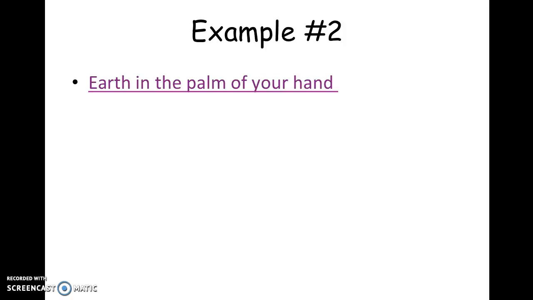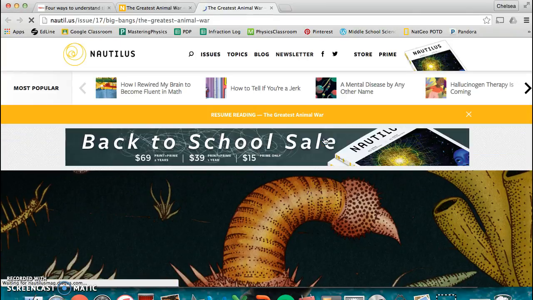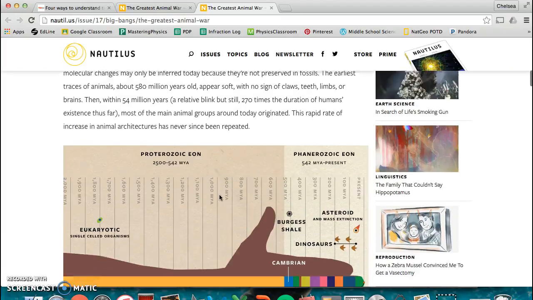All right. A more visual example for us to look at would be Earth in the palm of our hand. So if you outstretch your right arm, we can compare the length of our arm to the history of all living things on Earth.